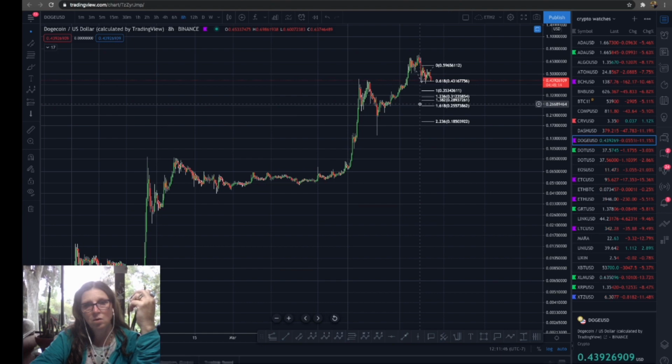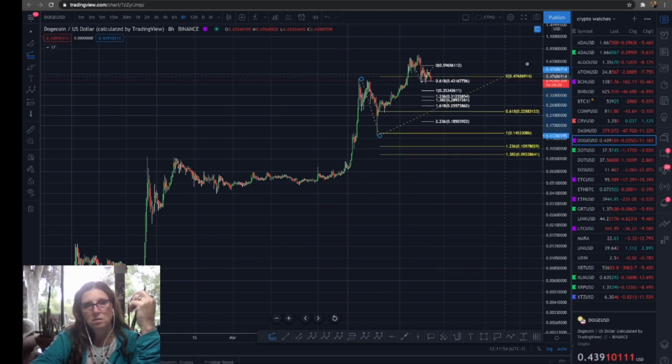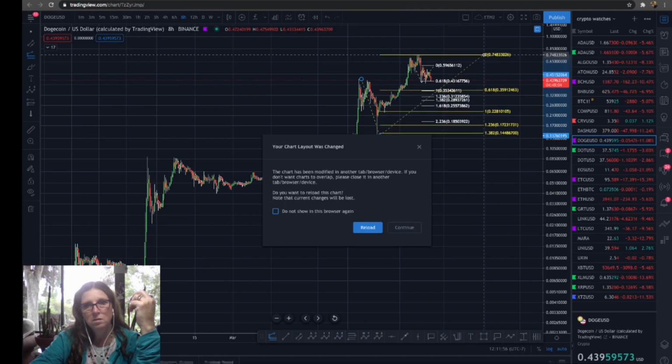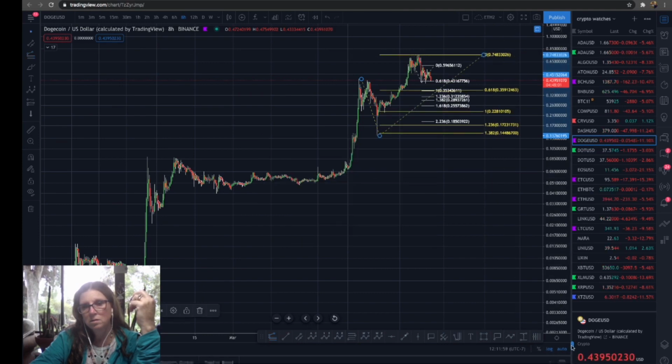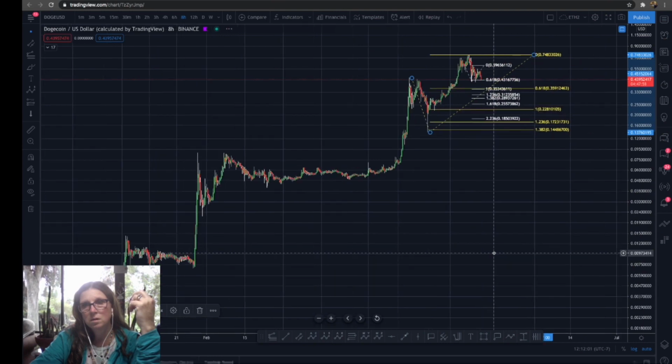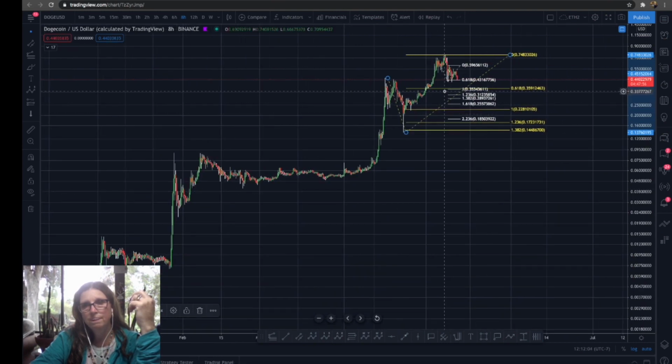Okay, so this looks like we are creating an A, a B, and this is coming down for a C. And what you want to see here is for the best case scenario for it to hold the 618.